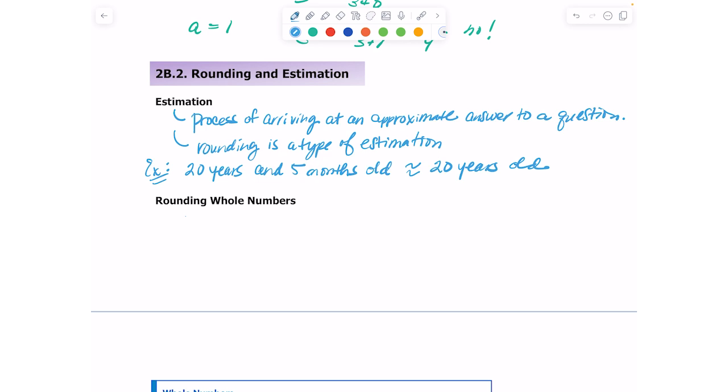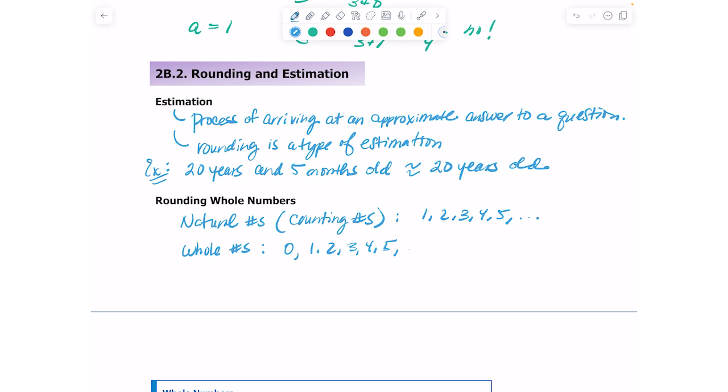So the natural numbers or counting numbers start at 1, and they include all the positive natural numbers to infinity, okay? If I take the number 0 and add that onto the natural numbers, you get the whole numbers. So whole numbers are 0 plus all the natural numbers, and so on.